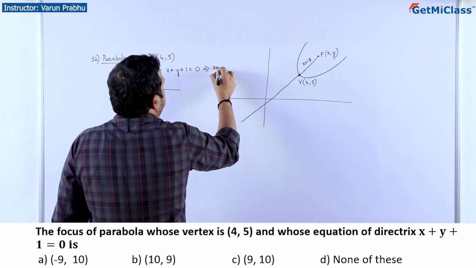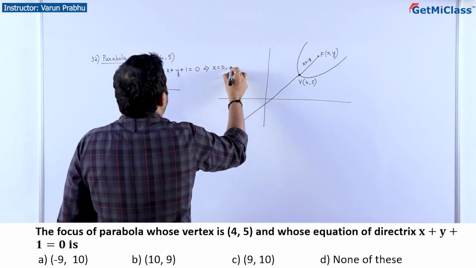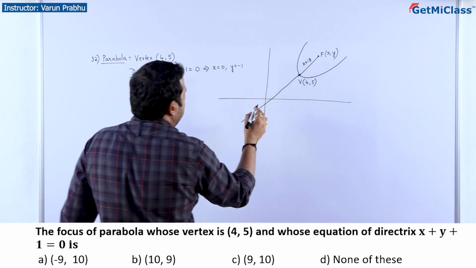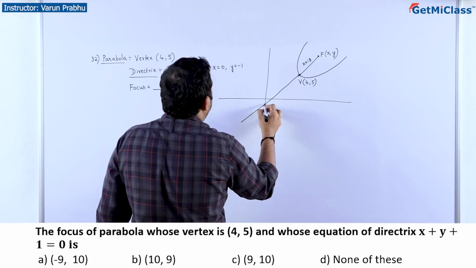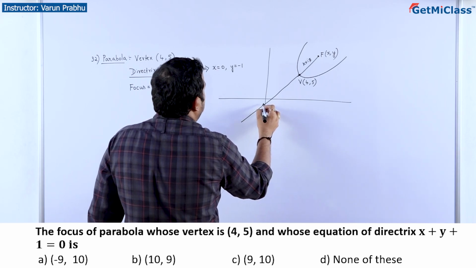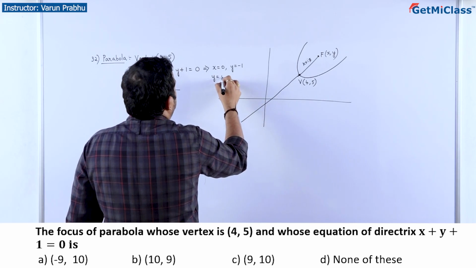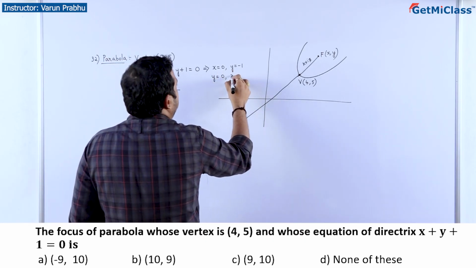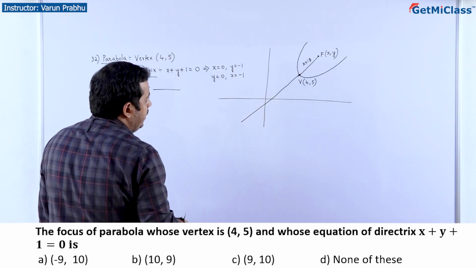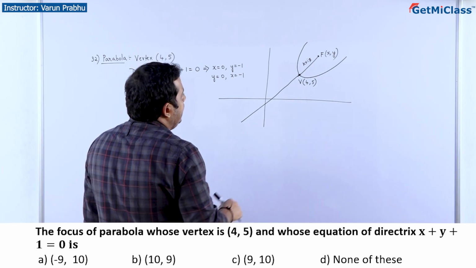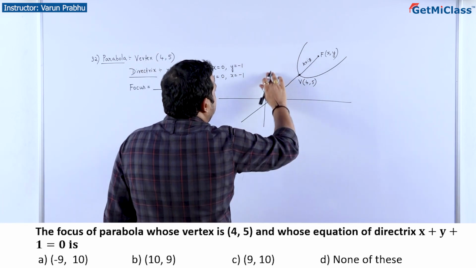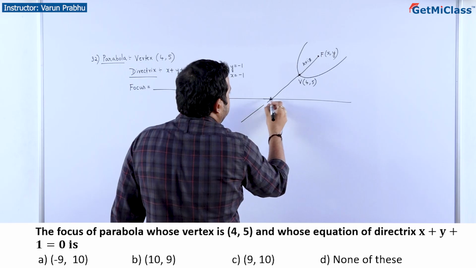This implies when x is equal to 0, y is equal to minus 1. And when y is equal to 0, x is equal to minus 1, which means the directrix will pass like this.